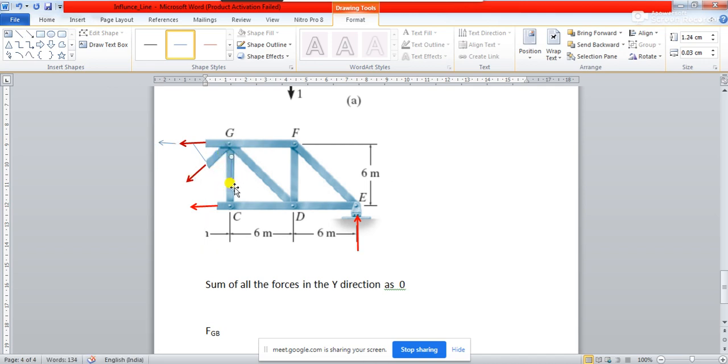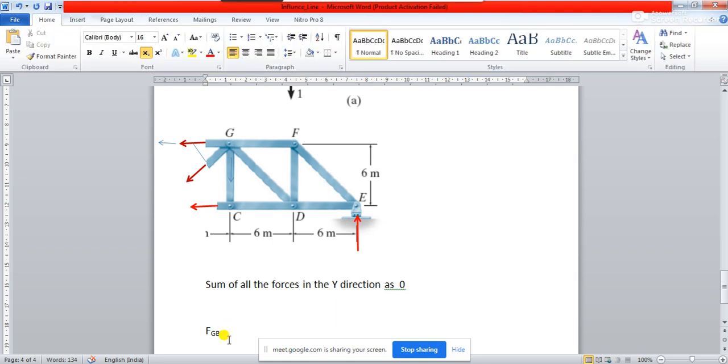So if I take the vertical resolution of this force, you will get FGB into sine of 45.